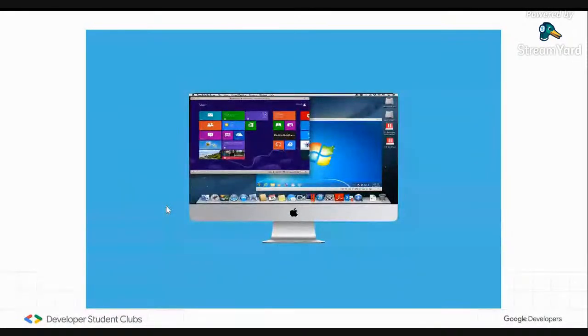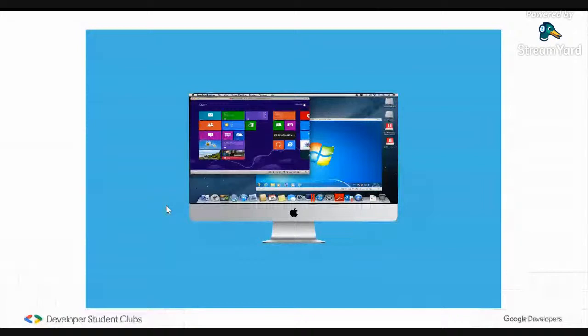The first virtual machine is Windows 8, at the left top corner, and the other is Windows 7, at the right bottom corner. Both of them act as virtual machines, which are actually installed in another base operating system, and the base operating system here is Mac OS 10. That's how we can set up virtual machines within a particular operating system. The virtual machine manager helps us to incorporate both the virtual machines within the same operating system.